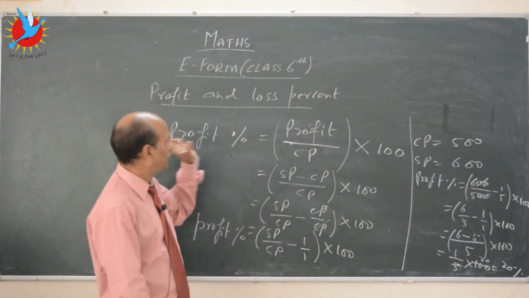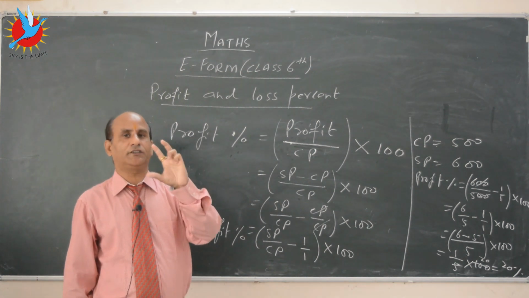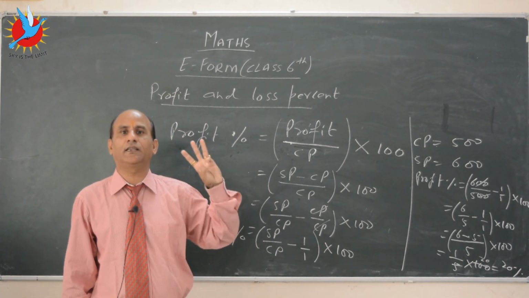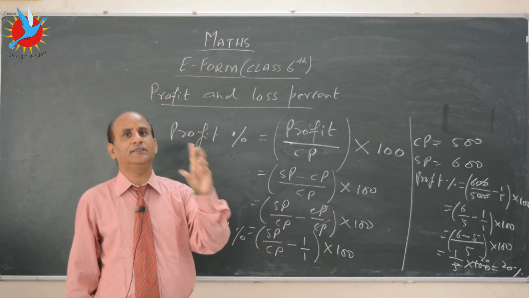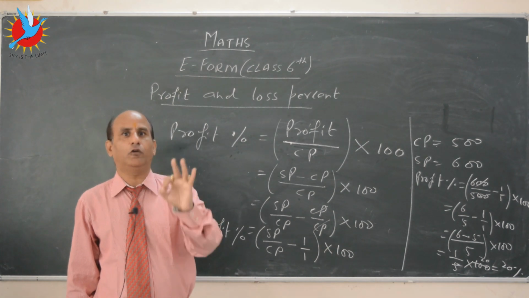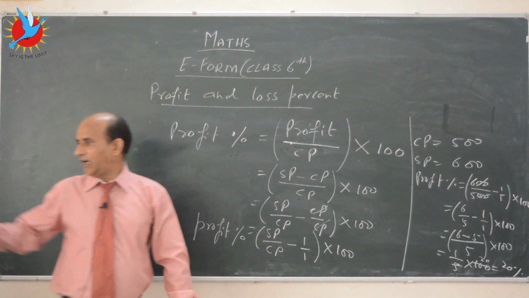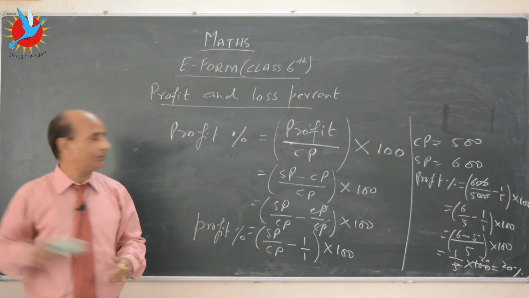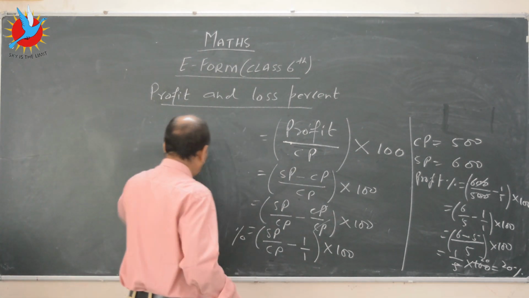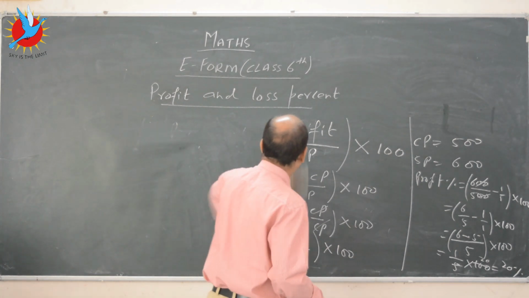So in this way, you have to calculate 4 things. One is profit, how to find the profit. Second is cost price. Third is selling price. And the fourth one is profit percent. Similarly, we will see how to find the loss and loss percent. Now, same thing. This is the second case.